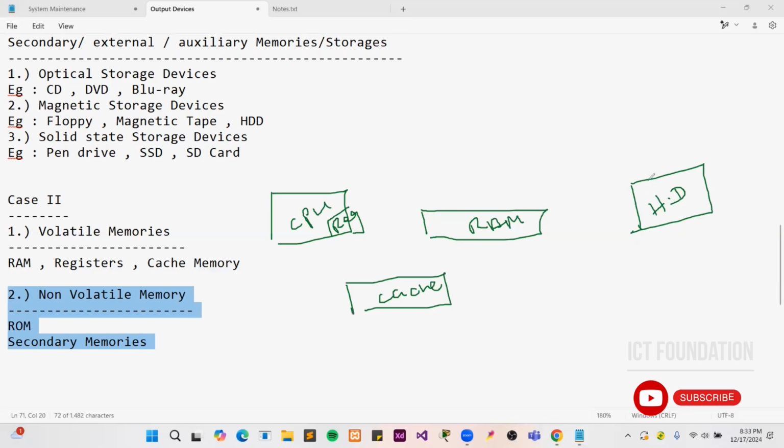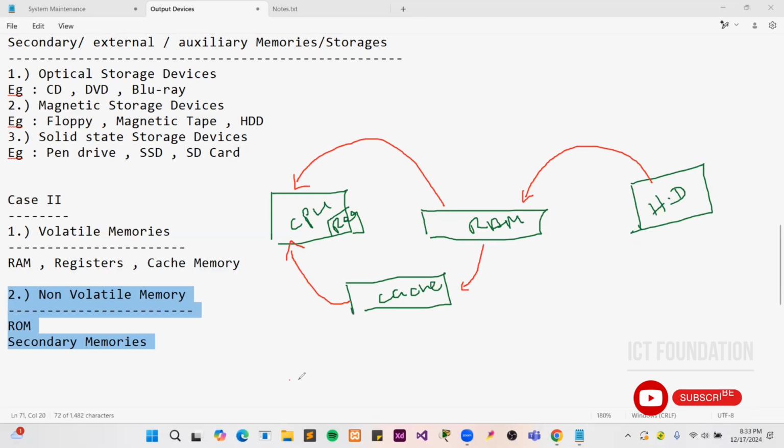The data or instructions are given from the hard disk to the RAM. Then the RAM provides the data to the CPU. Sometimes the RAM sends the data to the cache memory, then the cache memory provides it to the CPU.